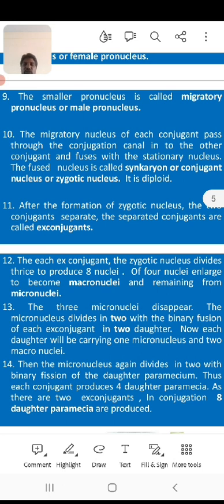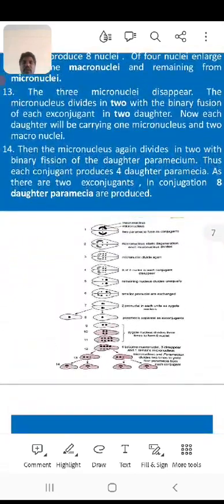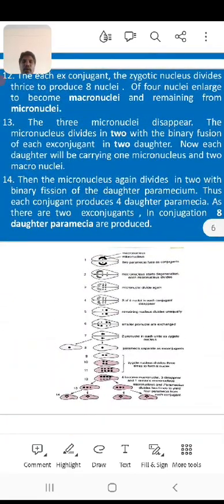Thus each conjugant produces four daughter Paramecia. As there are two ex-conjugants in conjugation, eight daughter Paramecia are produced. This image shows the conjugation process of Paramecium.